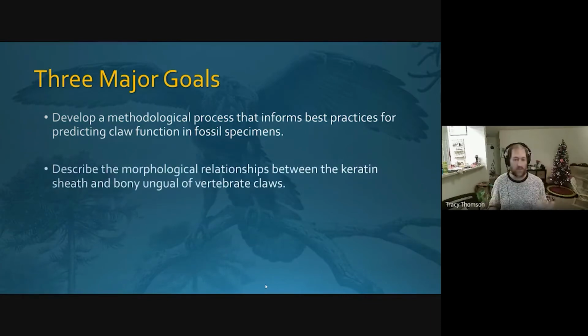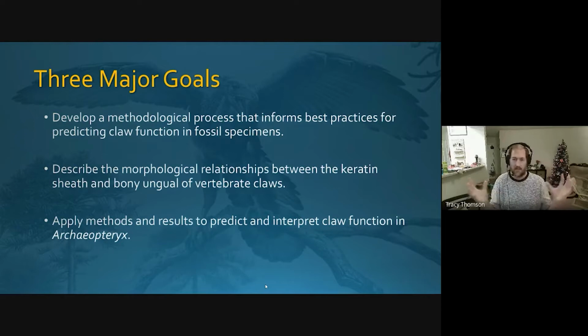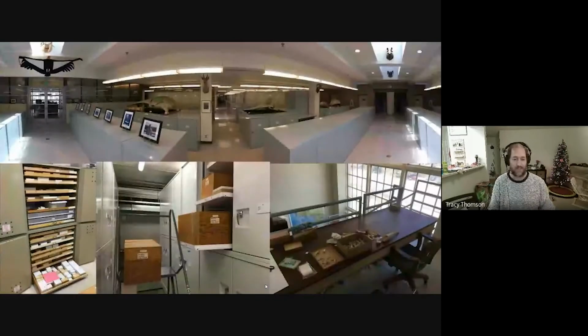I also wanted to describe the morphological relationships between the keratin sheath and the bony ungual, specifically because, again, with fossil vertebrates, sometimes we have the bone but not the sheath. And then take everything that I learned from that and apply it to a case study. In this case, we chose Archaeopteryx. So in the third part, I will apply all of this to Archaeopteryx, and we'll see what happens.